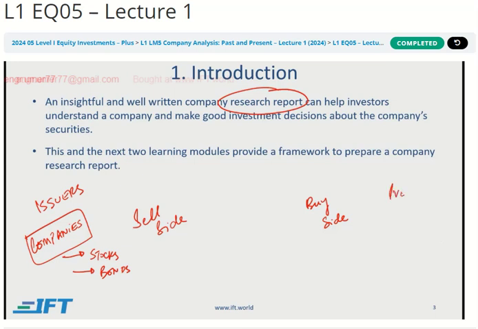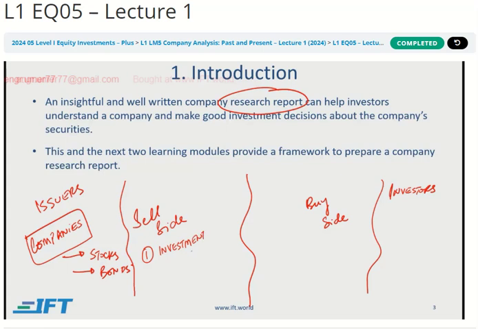financial intermediaries, right? And you can classify those financial intermediaries into two broad categories. You have your sell side and your buy side. Now, sell side will include investment banks, right? What do these guys do? They help these companies, these issuers, sell their securities to the buy side, to the investors.